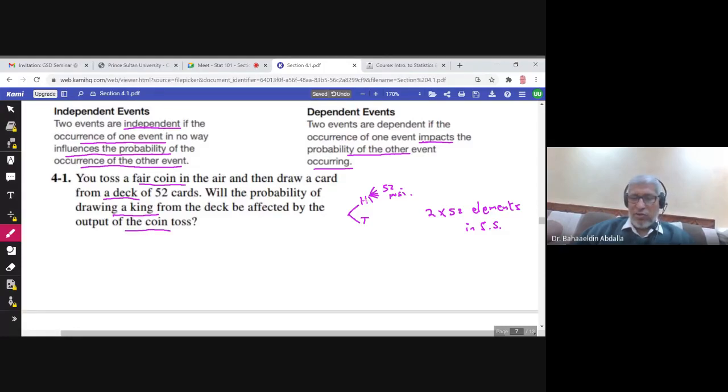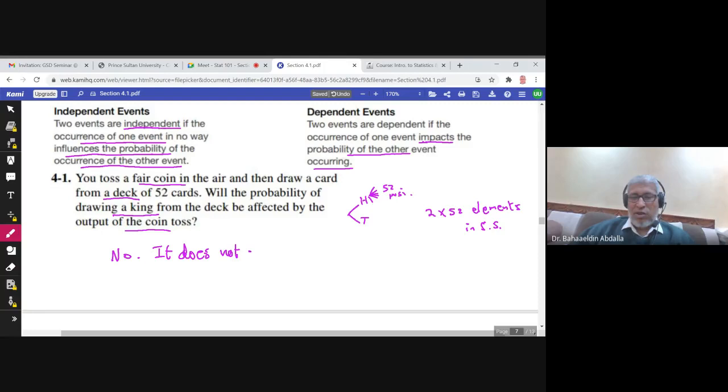If you toss a head or if you toss a tail, will this change or influence the probability that you draw a king from the deck of 52 cards? I think you will just say, of course, no, it doesn't influence. This is something and this is something else. There is no influence.